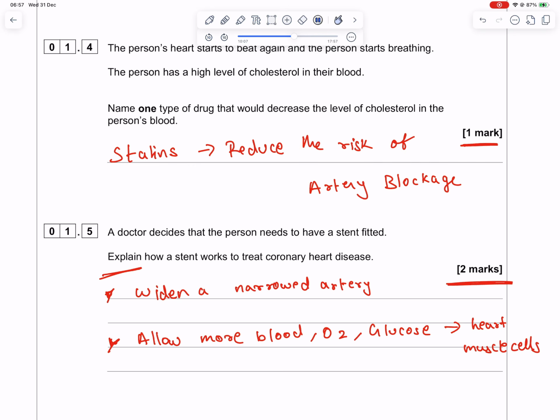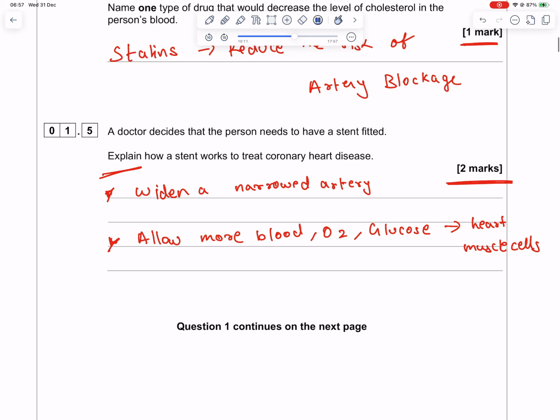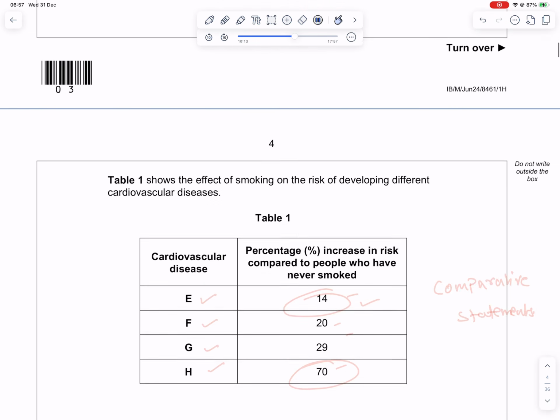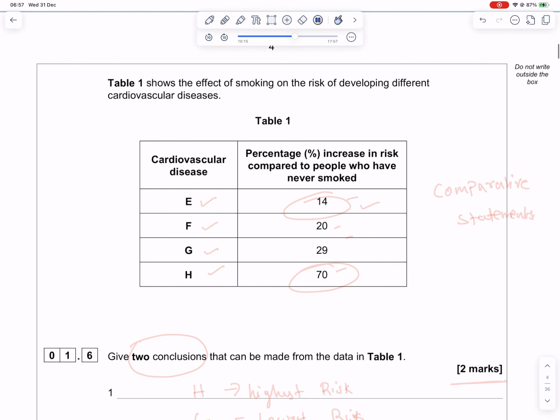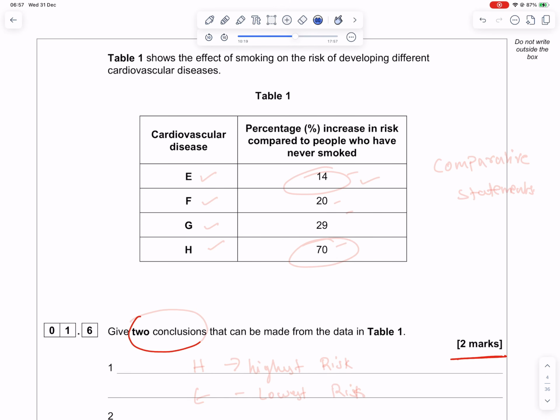Very well done. Now let's move on, and I can see that there's a table of data given. Question 1.6 is for 2 marks, and it is very specifically asking for 2 conclusions. Always do remember, whenever you're given a table of data, please go ahead and eyeball the data, look at it, and form an opinion on it.